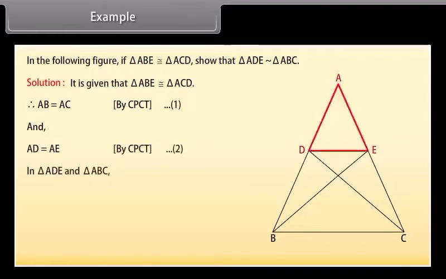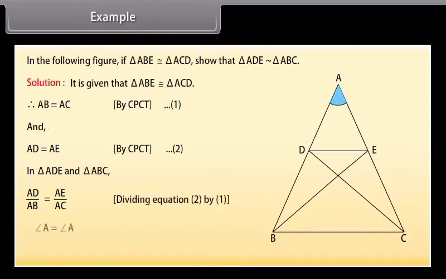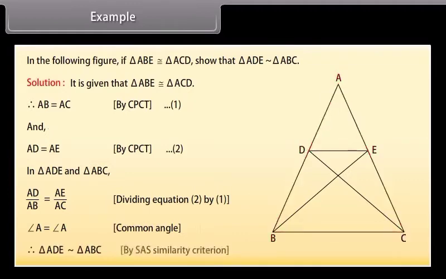In triangle ADE and triangle ABC, AD upon AB equals AE upon AC, dividing equation 2 by 1. Angle A is equal to angle A, common angle. Therefore, triangle ADE is similar to triangle ABC by SSS Similarity Criterion.